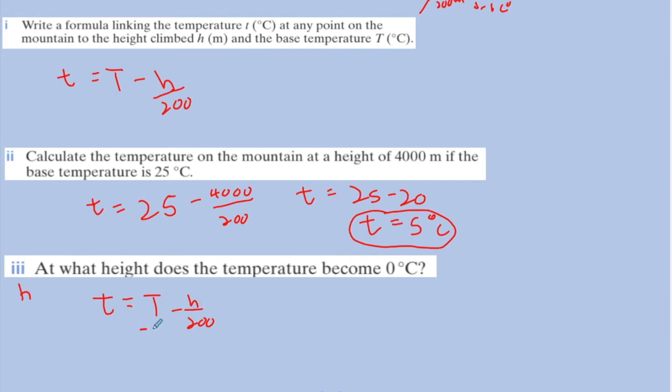How I'm going to do it is I'm going to minus T from both sides. I'll end up with small t minus big T equals negative h divided by 200. I have a negative here and I want to get rid of that, so I'm going to multiply both sides by negative 200.